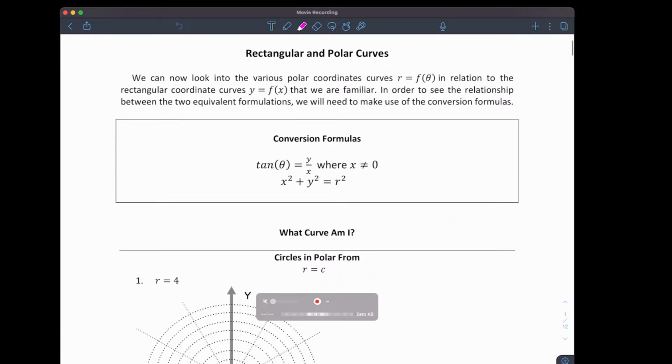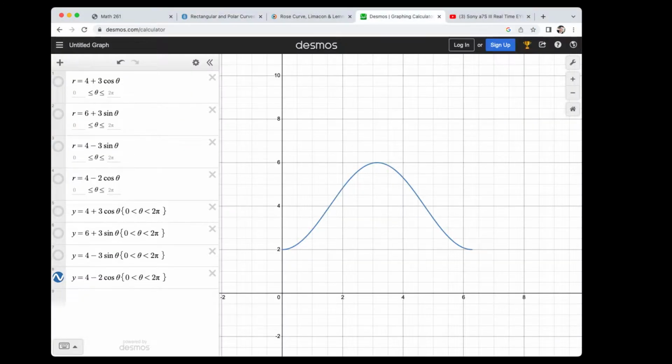So remember what I was talking to you guys about, that the reason you got to go to polar is because, in all honesty, there's a lot more beautiful, complicated curves that exist.